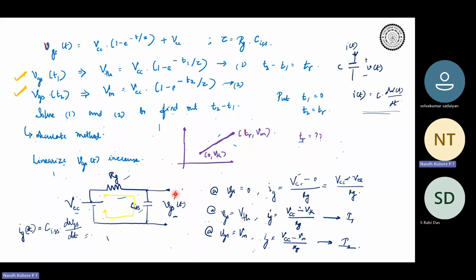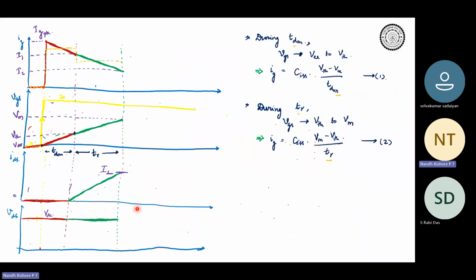Across the input capacitance, you have your gate source voltage. As gate source voltage increases, the current decreases, right? So at VG equal to 0, IG is the maximum. Then at VG equal to V threshold, IG would be VCC minus V threshold divided by RG, correct? So this is I1, right? VCC minus V threshold divided by RG. This is your I1. Okay.